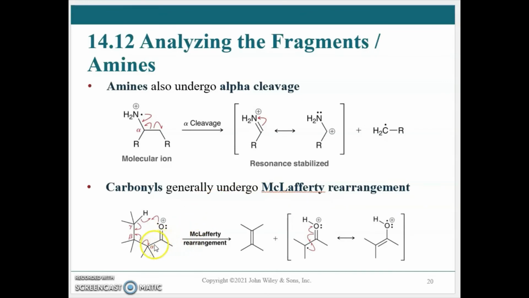In this rearrangement, the gamma position, so there are a couple of requirements that are necessary for the McLafferty rearrangement. You must have unbonded electrons, and you must have a hydrogen at the gamma position.